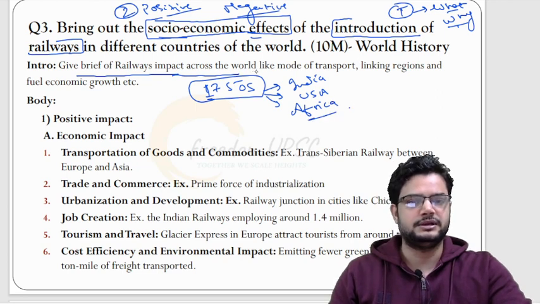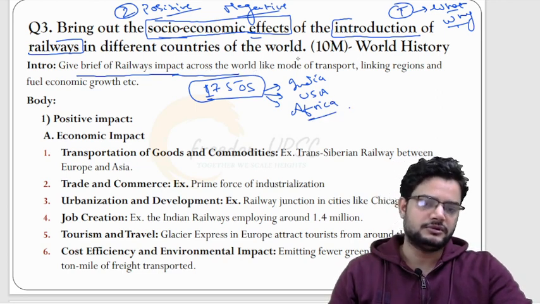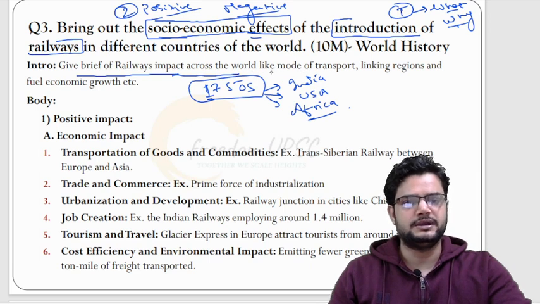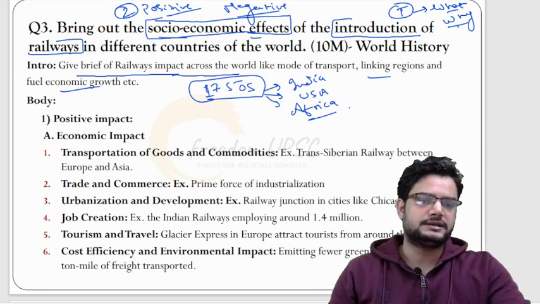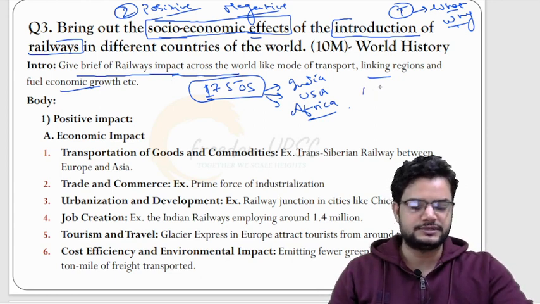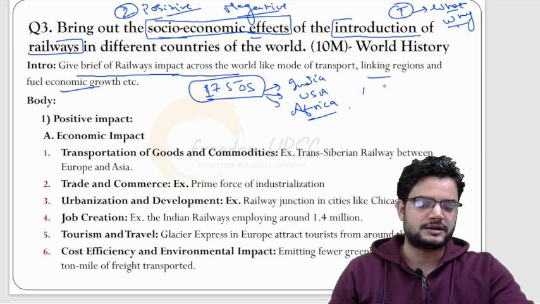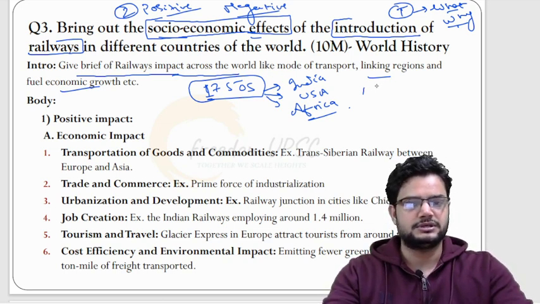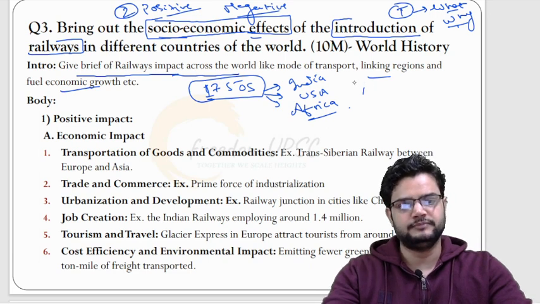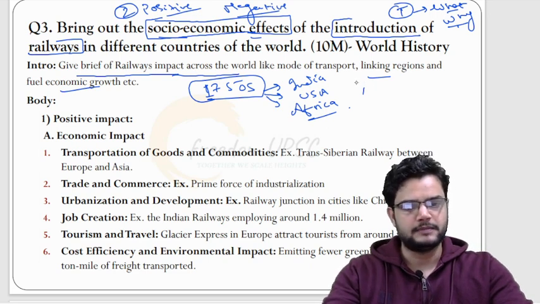So this can be the introduction, or alternatively you can write that it is a mode of transport which links regions and fuels economic growth, right? You can also link that in the introduction, that it helps in spurring industrialization, transformed trade, and it shaped urban landscapes. So this is how you can introduce in various modes.